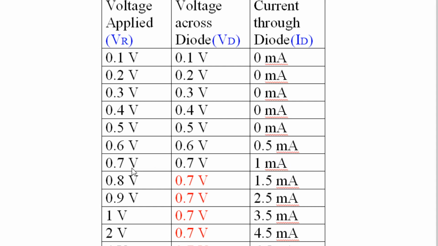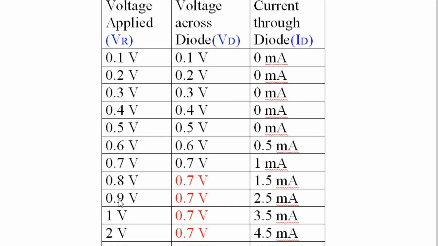And after 0.7 volt, you see the current goes on increasing, but the voltage across the diode, marked in red here, stays the same. Even if you apply 0.8 volt, 0.9 volt, 1 volt, 2 volt, the applied voltage to the diode is now greater than its barrier potential.